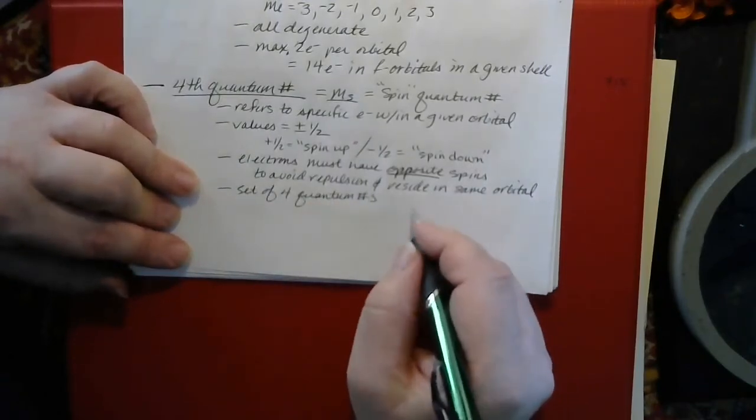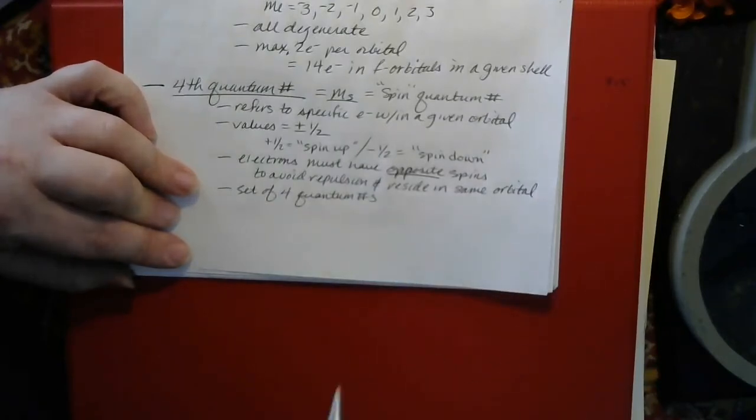So the whole set of 4 quantum numbers will identify one particular electron in an atom.